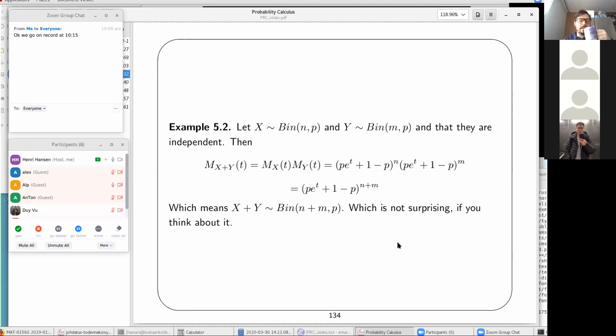So it's not surprising. But this is an example of how we can use this to prove certain things about distributions. So we'll have some exercises where you prove certain properties of these distributions when you add them together.